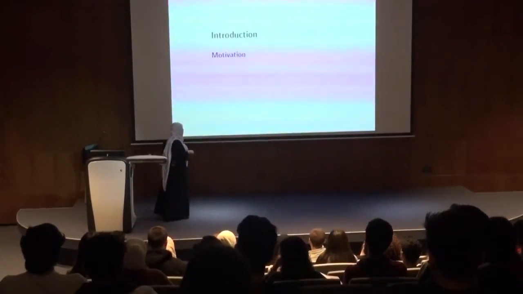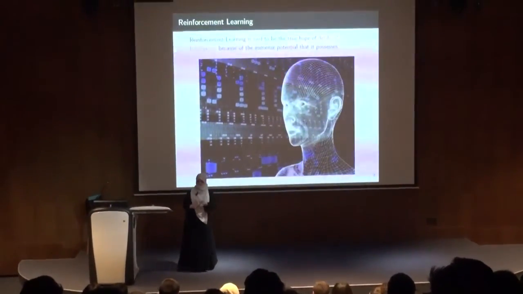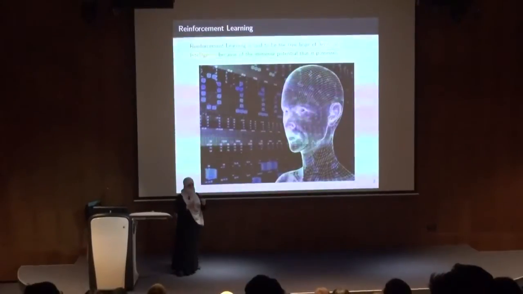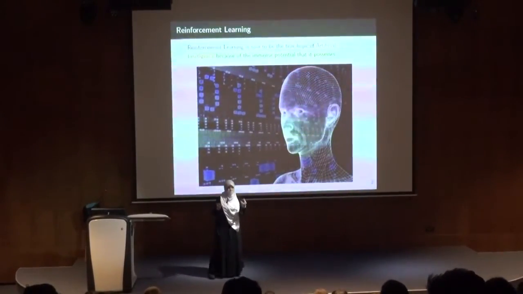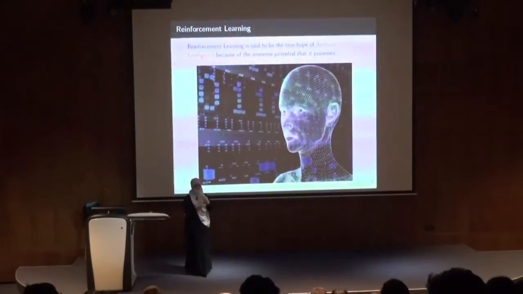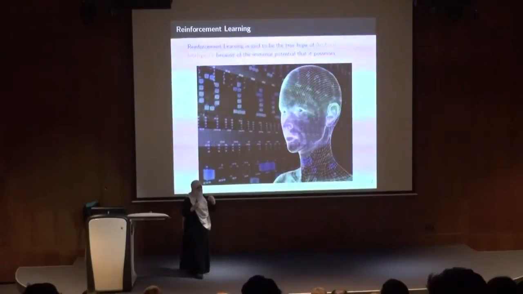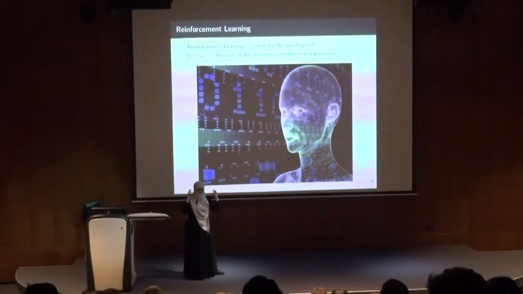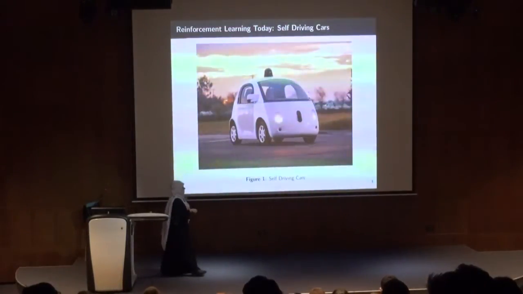So first of all, we all know that we have three learning paradigms: supervised learning, unsupervised learning, and reinforcement learning. And reinforcement learning is very important because it's the hope for true artificial intelligence. It has immense potential to solve high-dimensional problems, and it imitates the way decision makers or humans think of certain problems. We see reinforcement learning partially in self-driving cars.